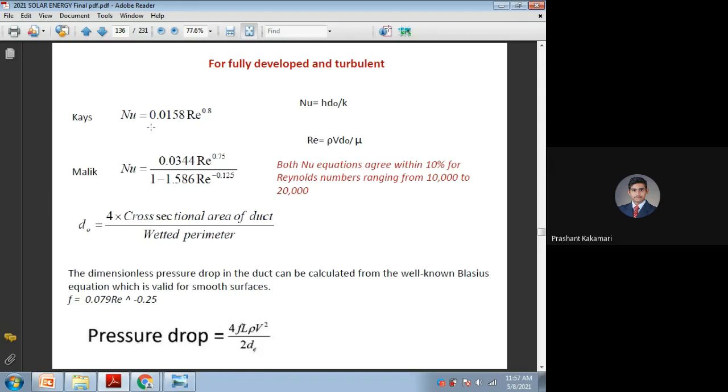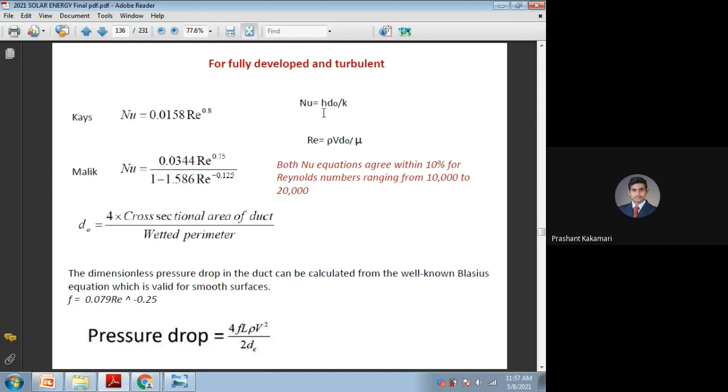Similarly, one Nusselt number is given by 0.0158 into Re raised to 0.8. This you can use, or else directly if you know the characteristic length D0. Here D0 is taken because it is a duct. We talk about the duct of air, the passage of the air. The characteristic length of that passage is denoted by D0 here, or in some cases DE.